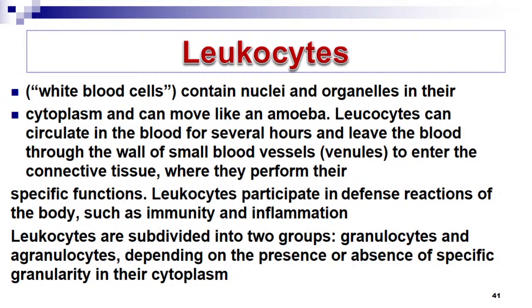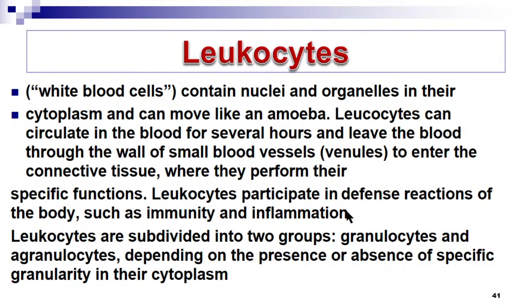Leukocytes. Leukocytes, white blood cells, contain a nucleus and organelles in their cytoplasm and can move like an amoeba. Leukocytes can circulate in the blood for several hours and leave the blood through the wall of small blood vessels, venules, to enter the connective tissue where they perform their specific functions.